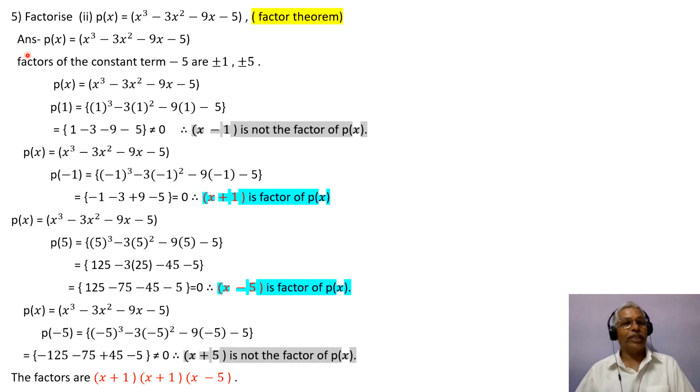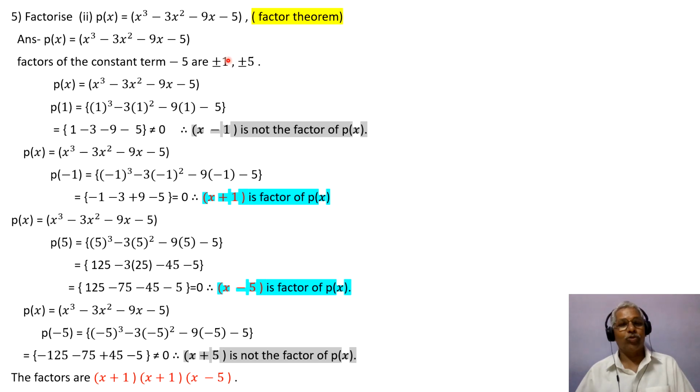So answer px equal to all this polynomial, then last term, you see we wrote it here. Factors of constant term minus 5 are. We have to concentrate only on last term minus 5. So factors of this term minus 5 are plus minus 1 and plus minus 5.